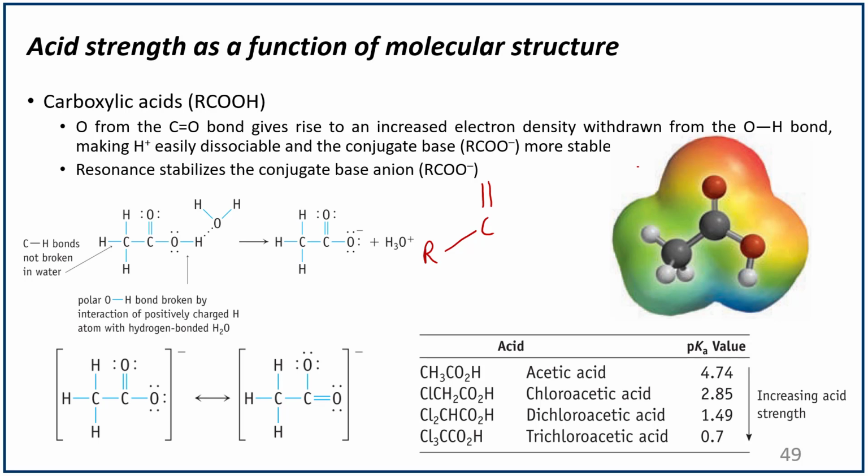But this carbon has a double bond with oxygen, and then also has a single bond with another oxygen, and then H. And that's basically the complete structure of carboxylic acids. The proton here, which is available for acid-base reactions, will be this hydrogen.